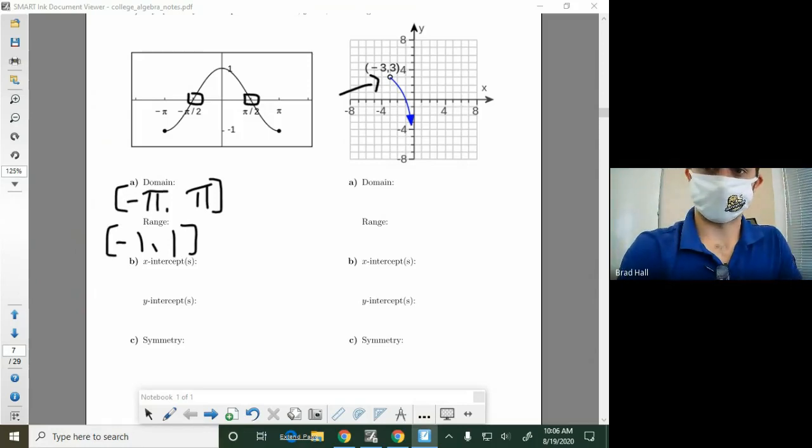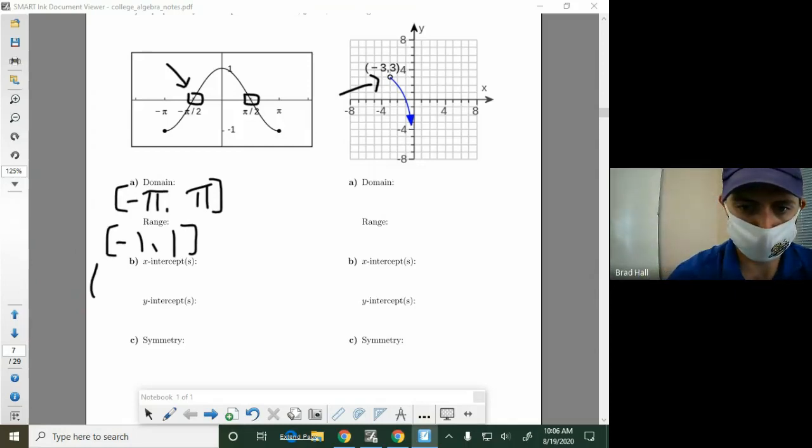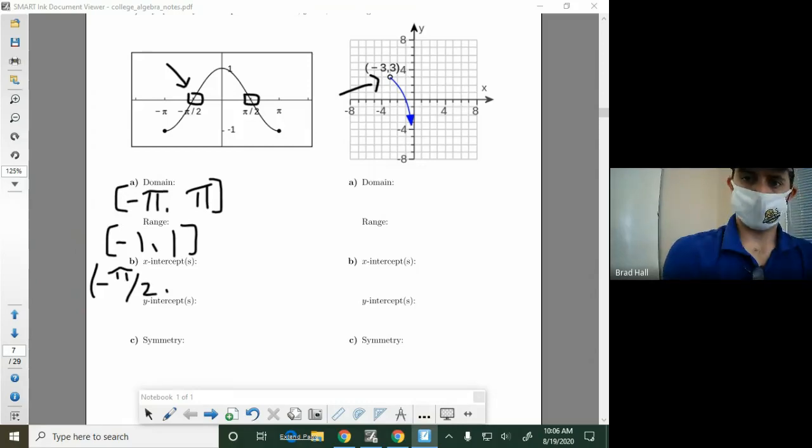Let's start off with this one right here. The ordered pair, remember an ordered pair, it's just an x and then a y. The ordered pair at the leftmost point, the x value is negative pi over 2. The y value is 0.